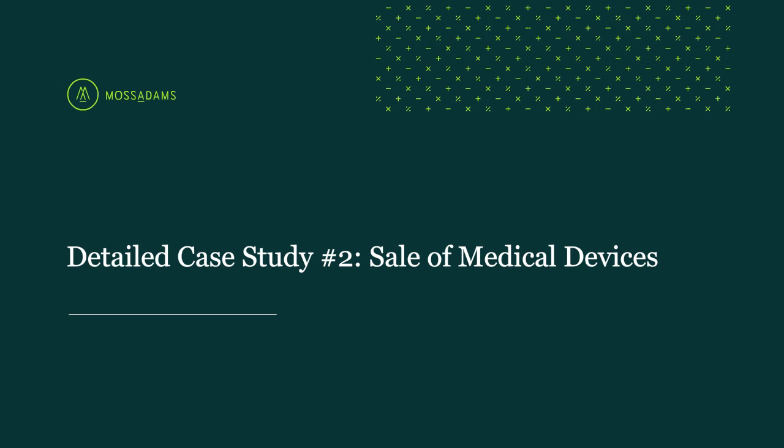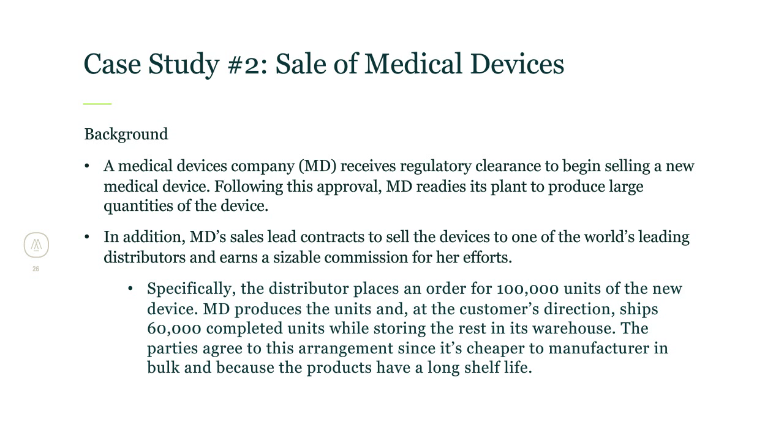So we will now go into a detailed case study for medical devices. There are a fair number of folks in the audience who are in medical devices, and therefore hopefully this will be helpful. So let's go over the facts for the case study. A medical device company receives regulatory clearance to begin selling a new device.